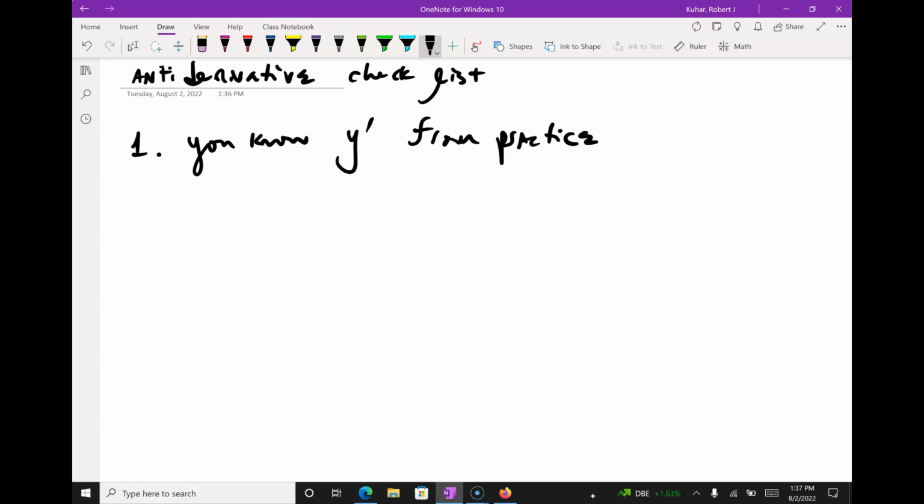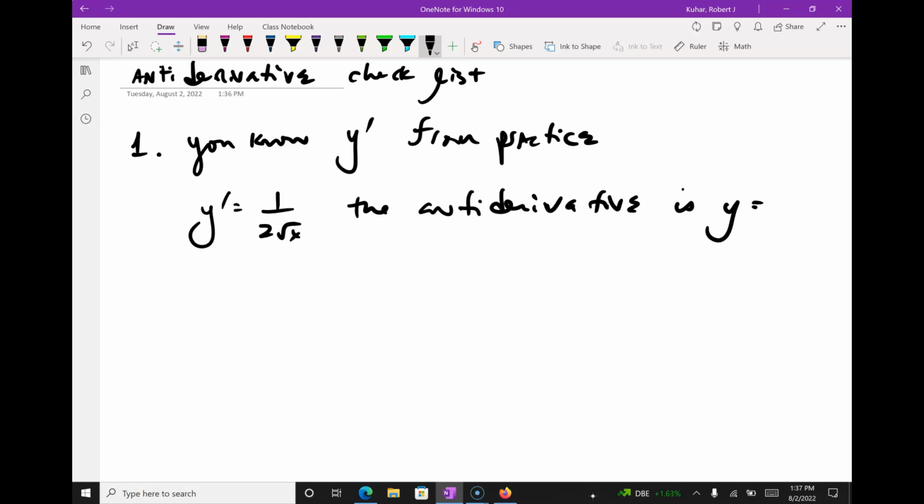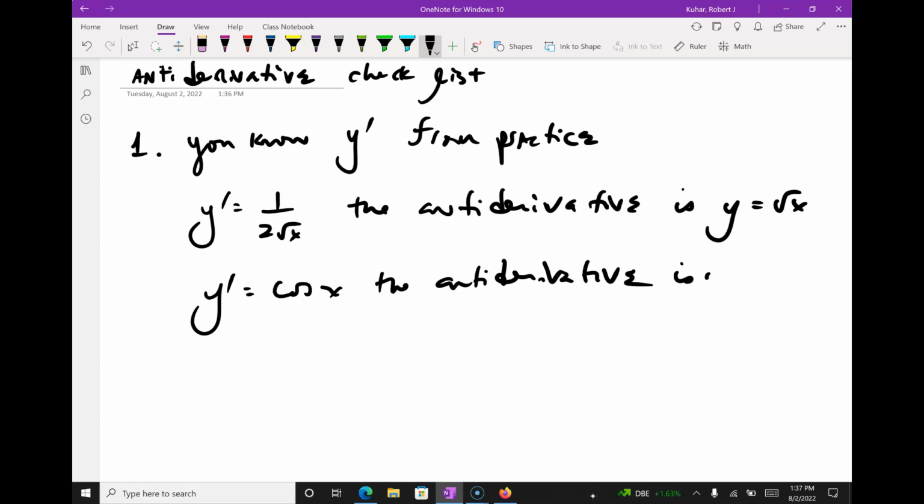So we said that if y prime is 1 over 2 square roots of x, the antiderivative is y equals square root of x. If y prime was cos of x, the antiderivative is y equals sine x.